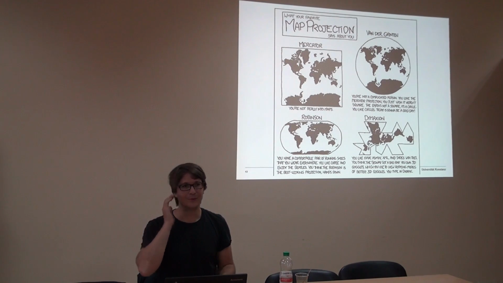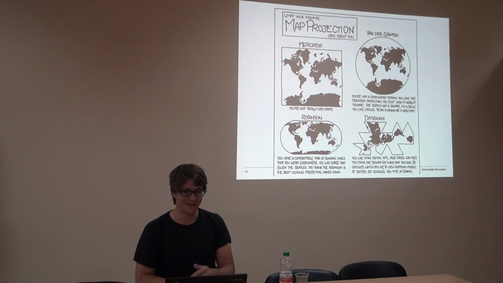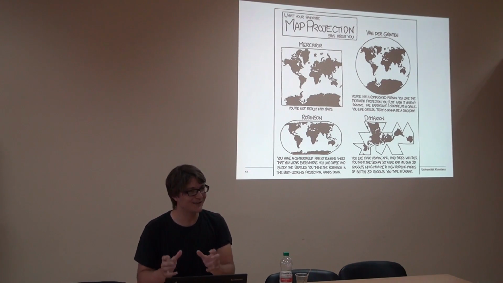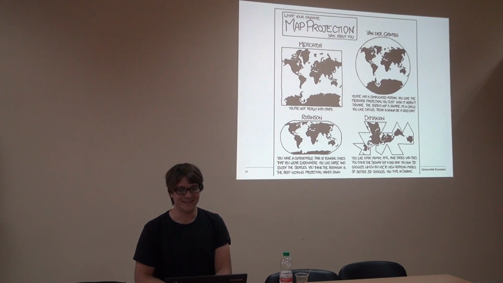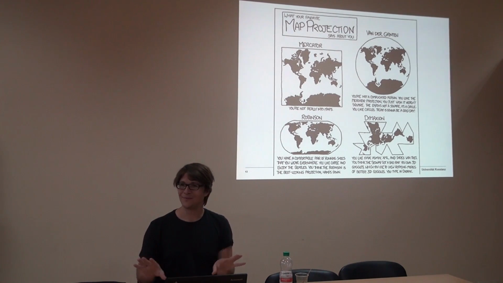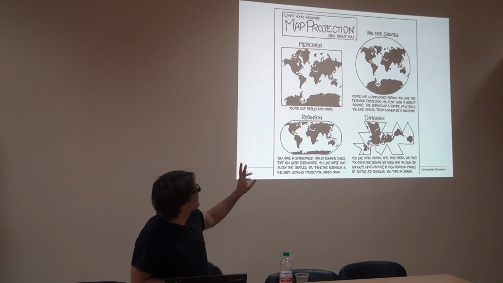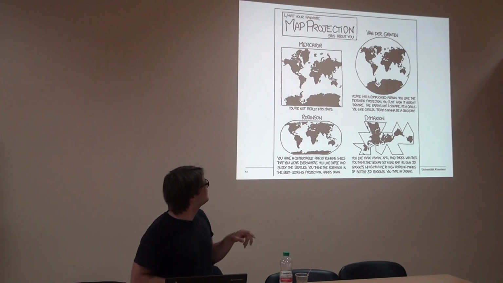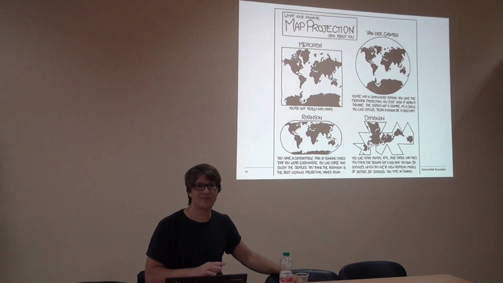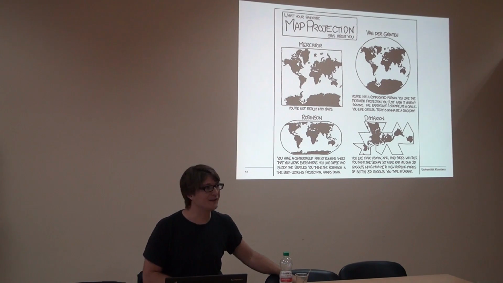There are a lot of people criticizing this because it's Eurocentric, and secondly, it distorts the areas. So Europe appears on this projection not as big as Africa, but say half as big as Africa.